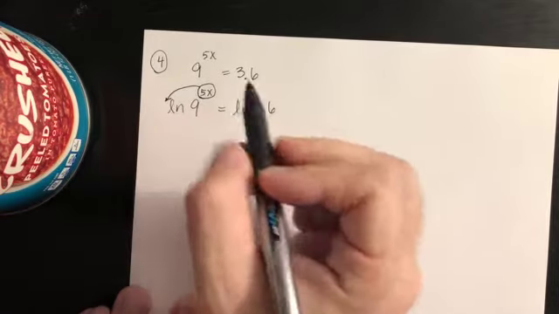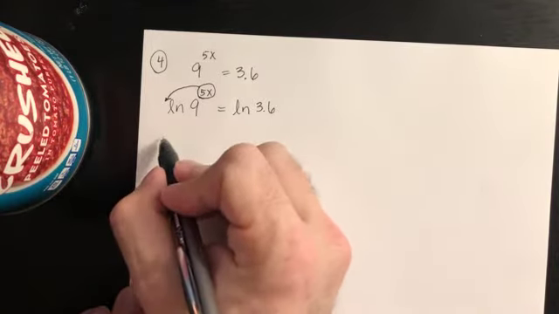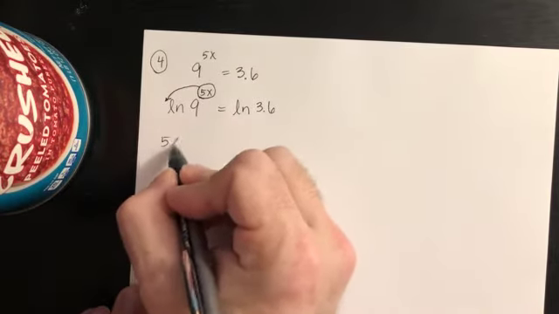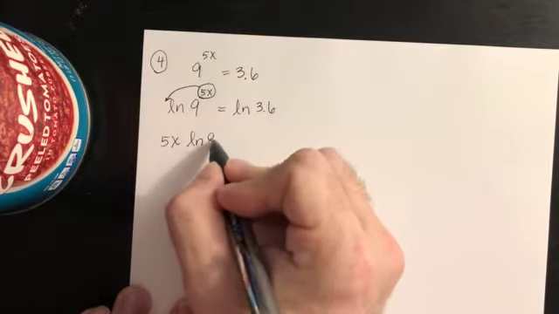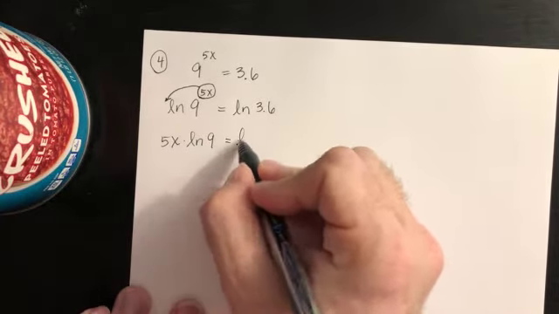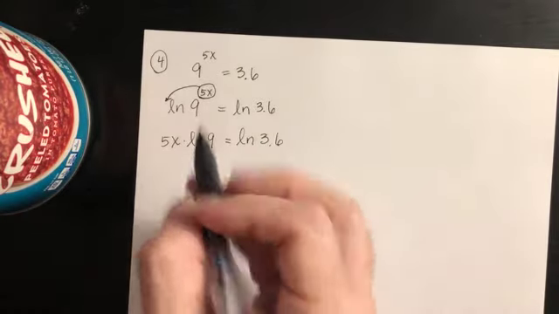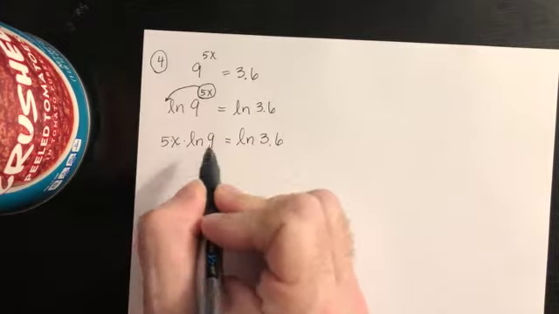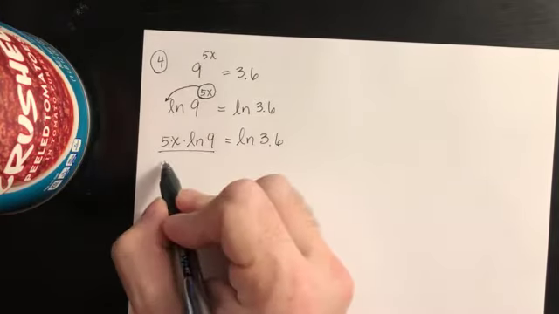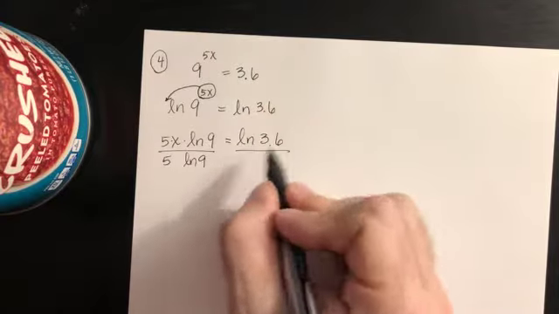That was something we learned when we were expanding. Remember expanding? You should. So this 5x goes in front, and this natural log of 9 is right there without an exponent. Natural log of 3.6. Okay, so you got 5 times x times natural log of 9, and we want to get x by itself. I'm going to divide those numbers from both sides.